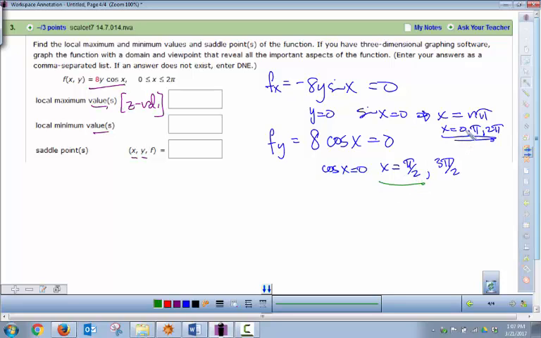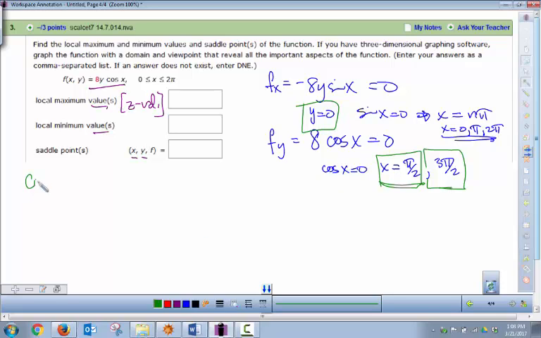So what we want is to figure out when fx is equal to 0, when y is equal to 0. At the same time, fy is equal to 0 when x is equal to these 2 points. So x equal to 0 and x equal to pi over 2 can't happen at the same time. Y is equal to 0 and x is equal to pi over 2 can happen at the same time. And so that's the pairing that we're going to get.